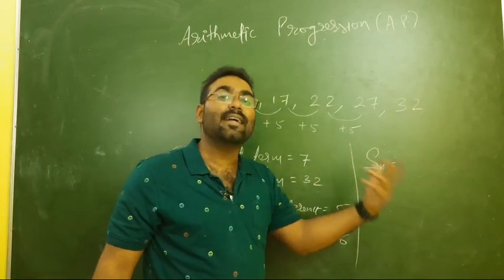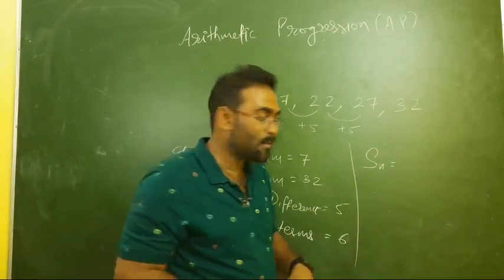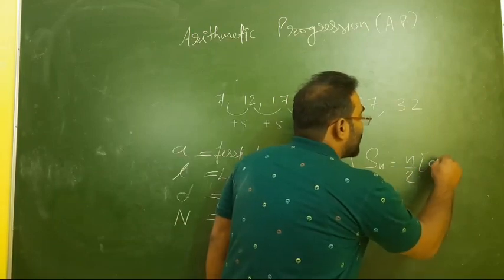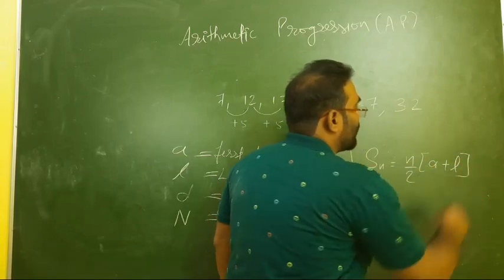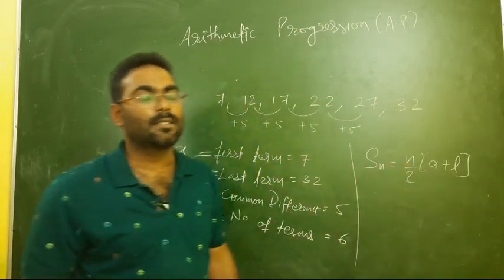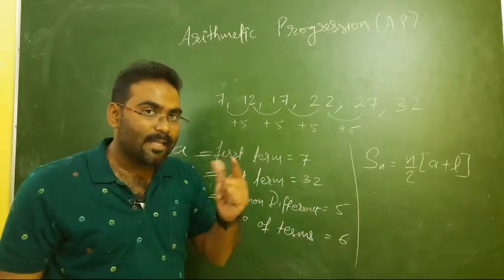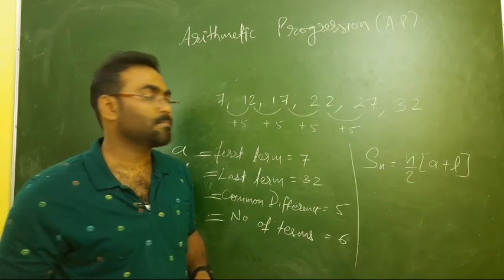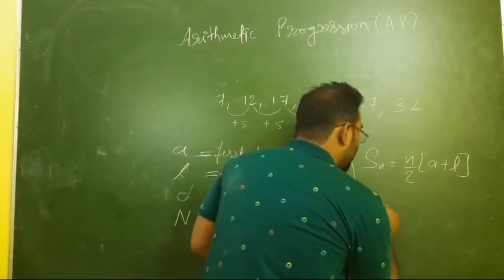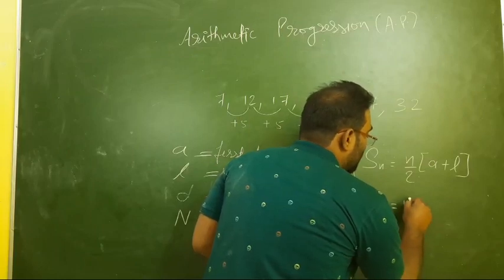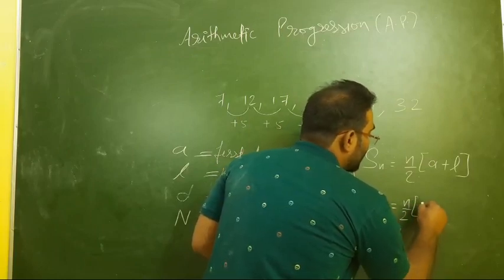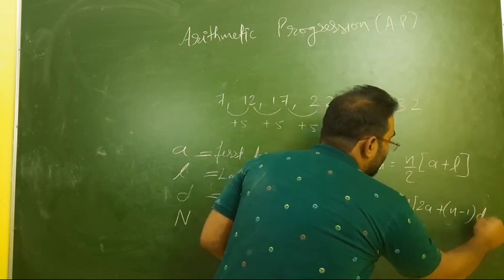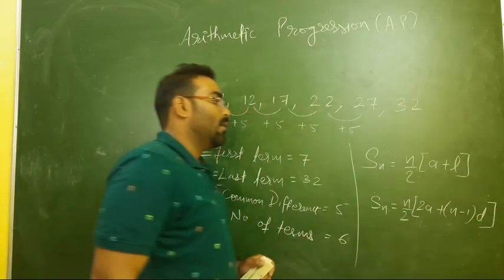So the formula to find the sum of n terms is Sn = n/2 (a + l). There is another formula as well to find the sum of terms: Sn = n/2 [2a + (n - 1)d].